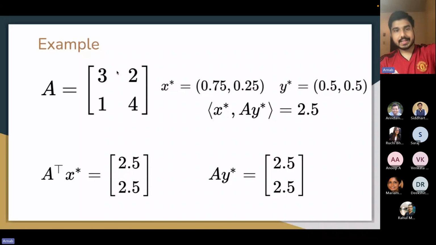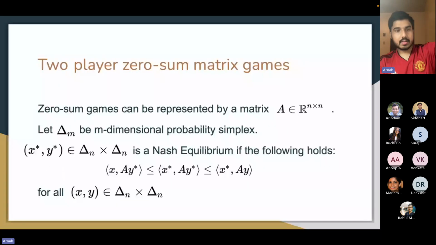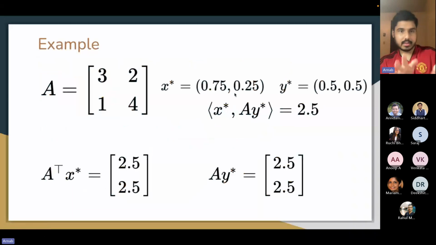So whatever strategy the row player chooses, under the assumption that the column player is going to play Y star, the row player cannot do anything better than 2.5. It will always get 2.5. So if it changes from X star to X, it's not going to increase its reward. This example shows that if you choose this X star and this Y star, then that pair is a Nash equilibrium.